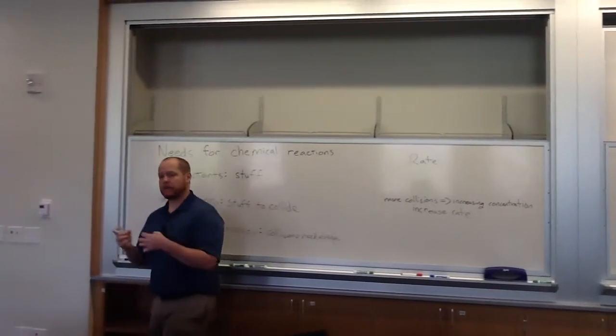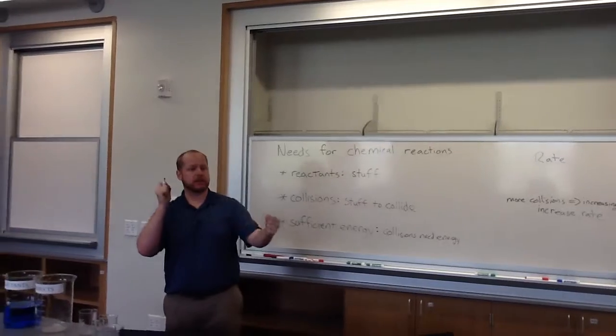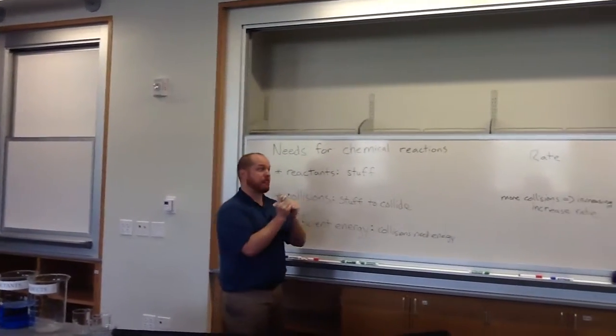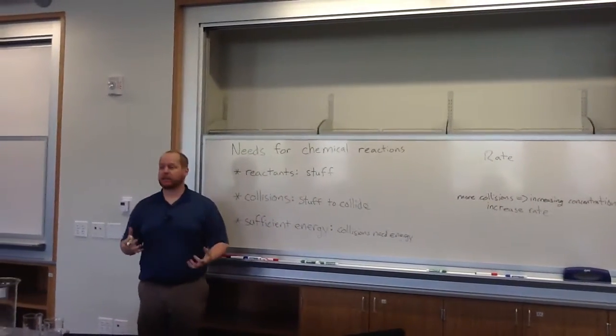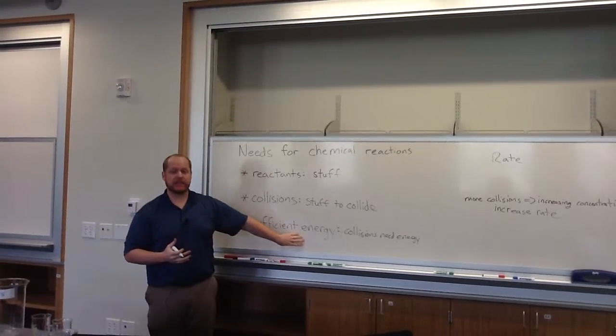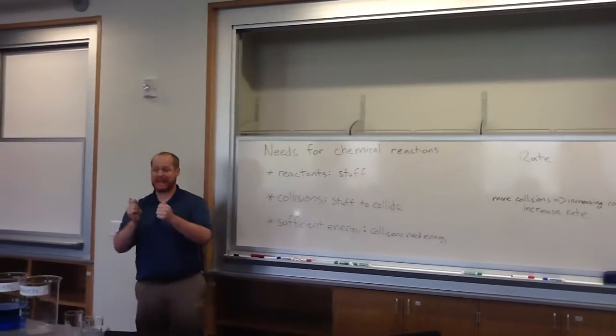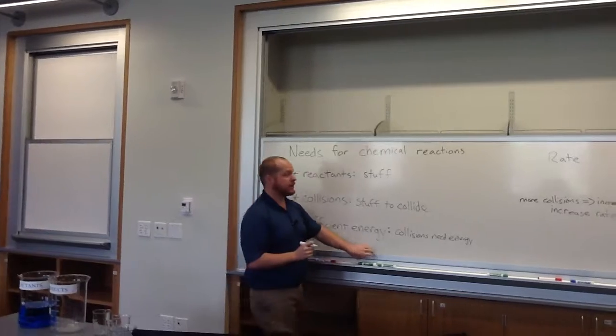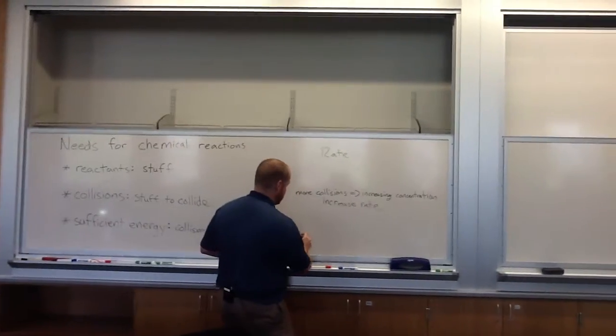But again, if we have collisions where the reactants are colliding and they're just bouncing off each other, well, they're not going to react. And so in order to increase the energy of those collisions, in order to get them to react, we can do something like raise the temperature.